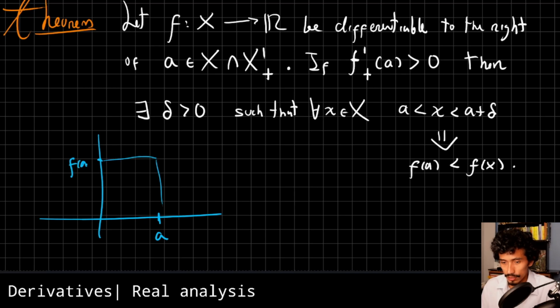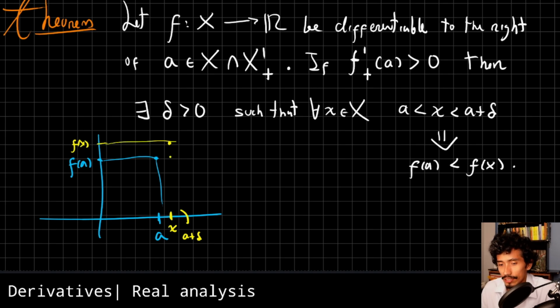So this is f of a, and this theorem is telling us that to the right, once again, let me put it with another color, maybe this one, we have some x in this neighborhood, and f of x is bigger than f of a.